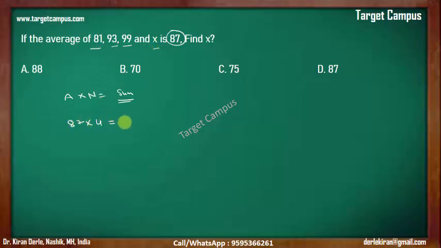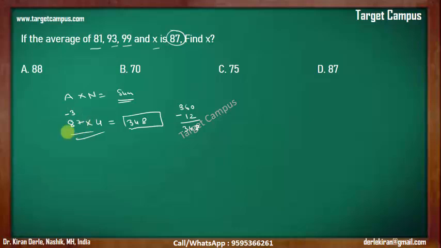So this will give us the sum of all the terms. 4 into 87: this multiplication can be done like this. This is minus 3 from 90. 90 into 4 is 360, minus 3 into 4 is minus 12, so this becomes 348, right?